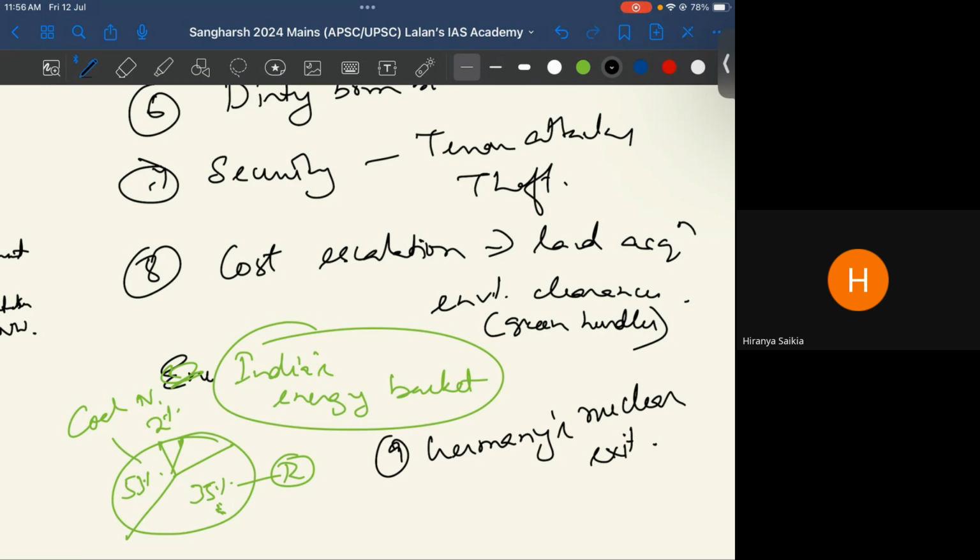Now many reactors in Europe have aged. Events like Fukushima were a warning for many countries. You need to look into the long-term feasibility of these reactors because of the risk involved.